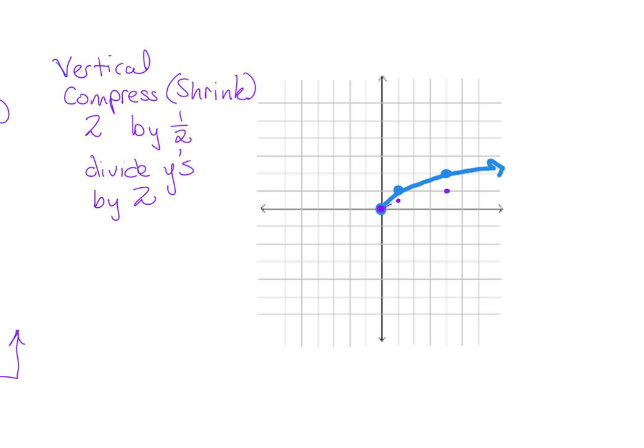And so notice that basically what we've done is we've brought our whole graph closer to the x-axis. And this is what a compression looks like vertically.